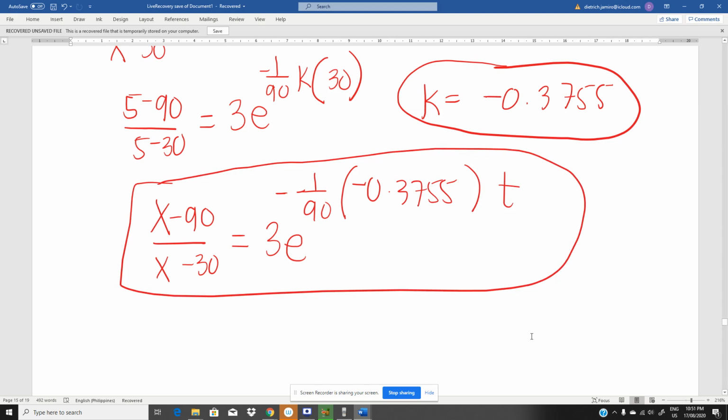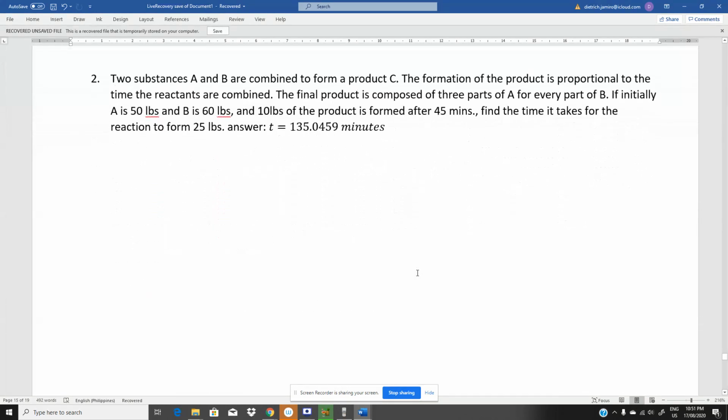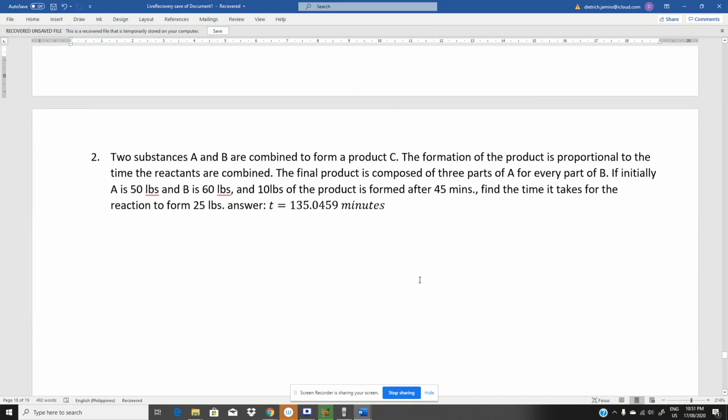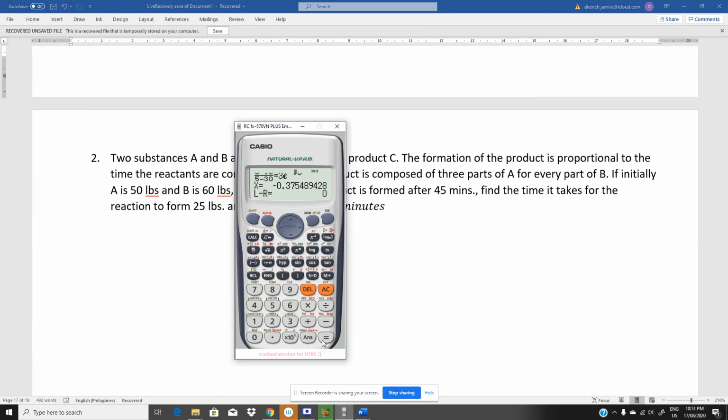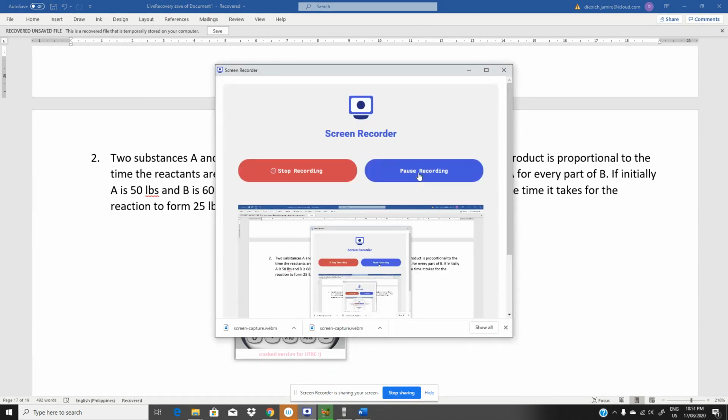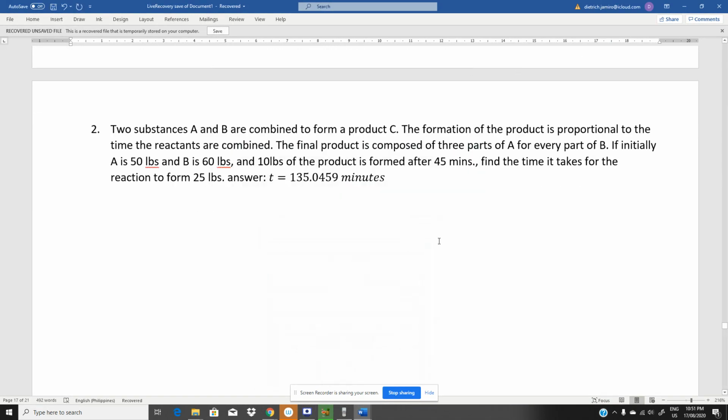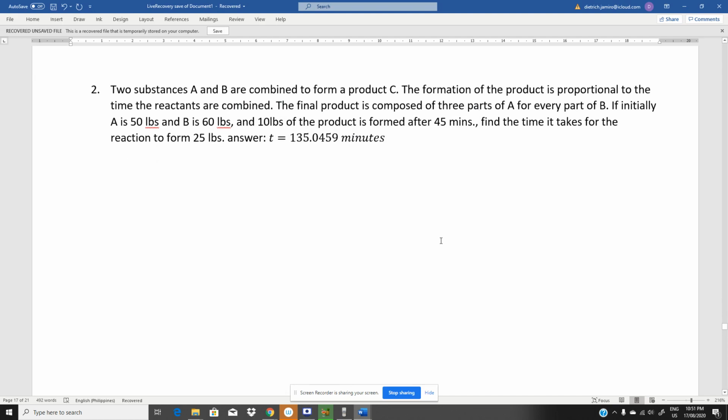Moving into our second problem, we are given that two substances A and B are combined to form a product C. The formation of the product is proportional to the time the reactants are combined.